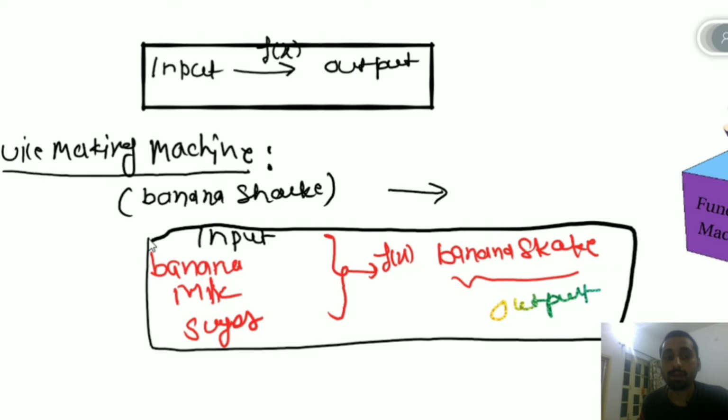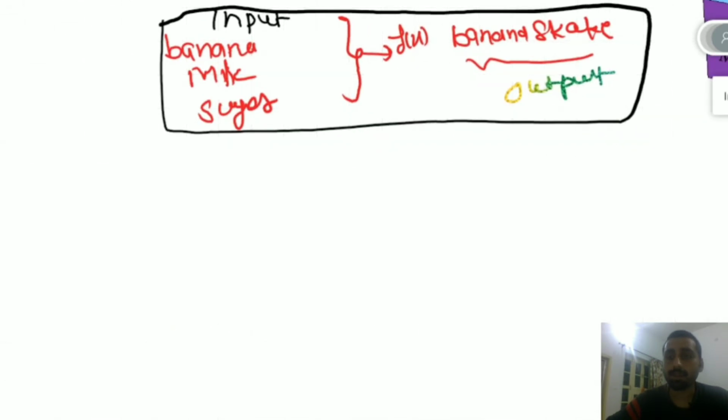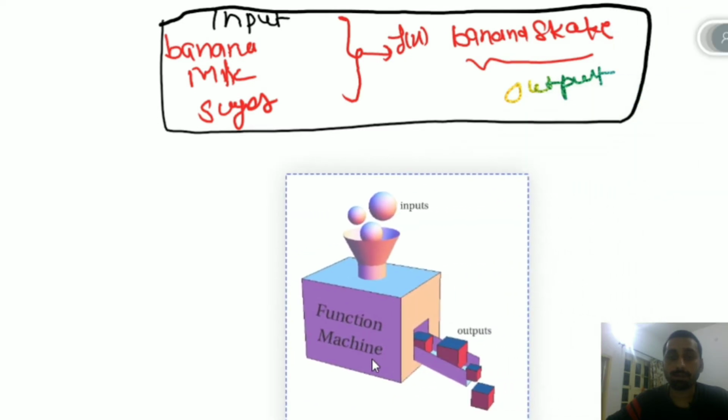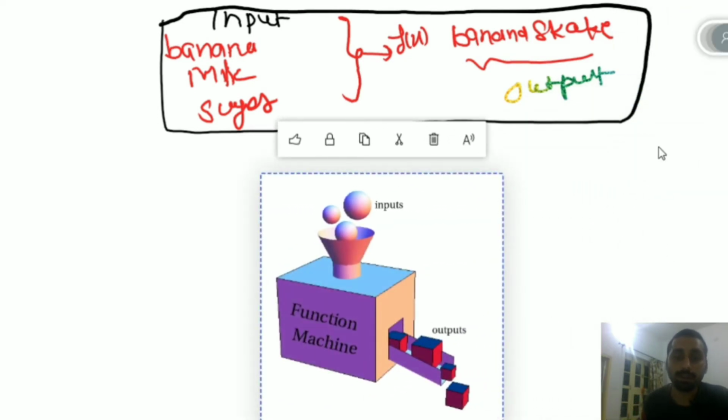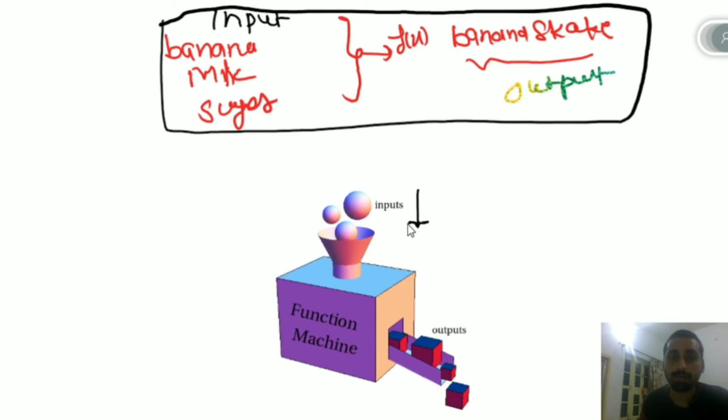We can understand this with the help of a pictorial view of the function. In this picture you can see that some input is going into the function machine, and we get some output.